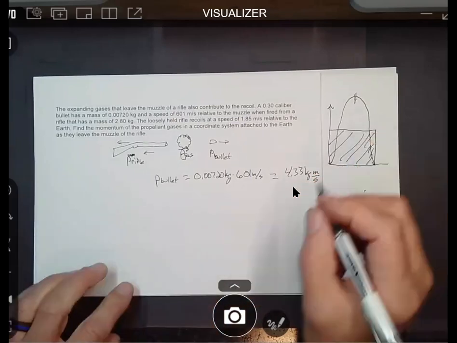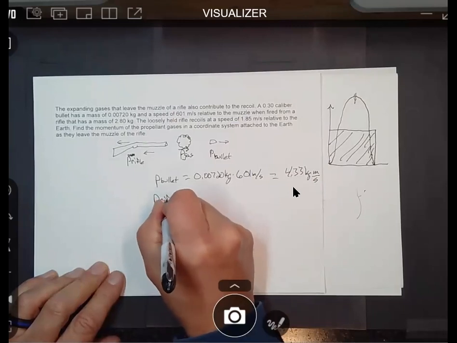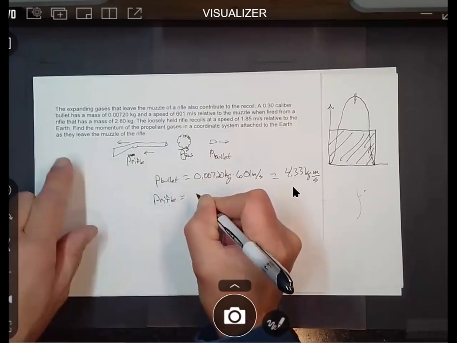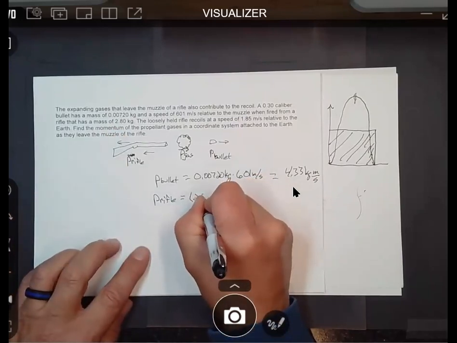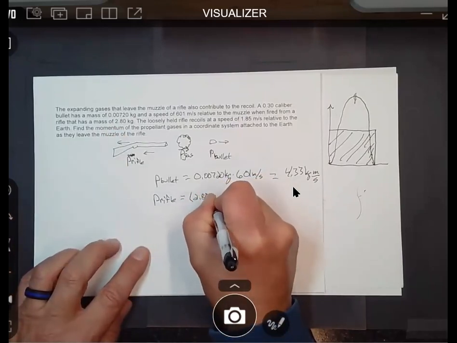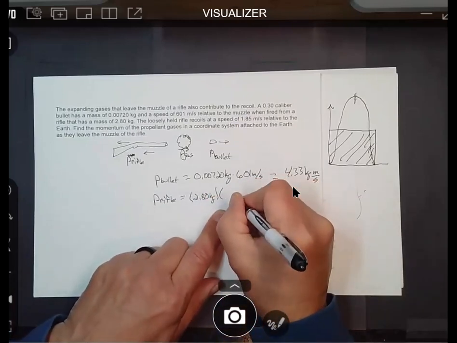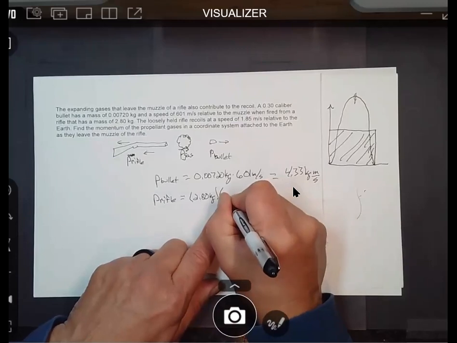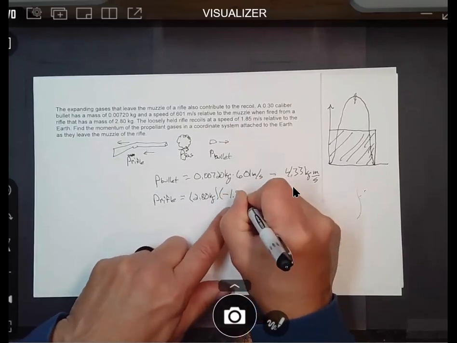For the rifle, it's going the other direction. And so I'll take its mass, 2.80 kilograms, times 1.85, but I'm going to put a minus sign on its velocity.